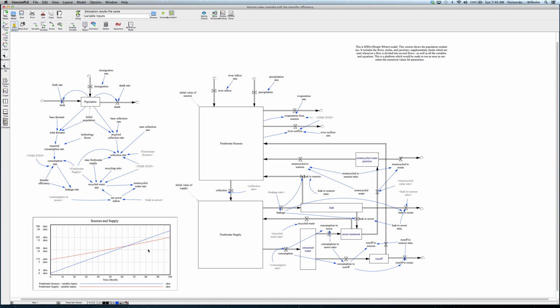You can see now that essentially the time at which this crossover between the sources, which are in blue, and the supply, you actually reach a point where you're able to curb the supply, and then your sources are able to exceed your supply. So you're making more efficient use of your sources.